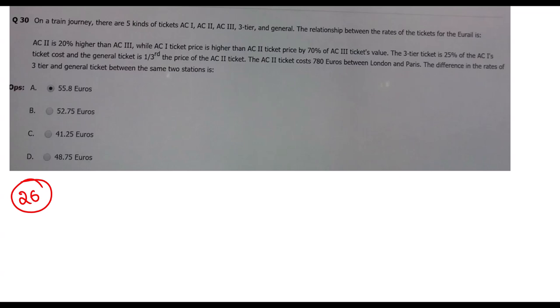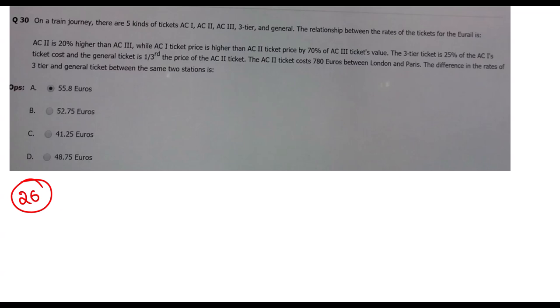Depends on this data, they'll give multiple questions. Now here, 2-tier AC is 20% higher than 3-tier AC, while 1-tier AC price is 70% higher than 2-tier AC. The 3-tier AC ticket is 25% of the AC 1 ticket's cost. And general ticket is one third of the AC ticket. 2-tier AC cost is 780.